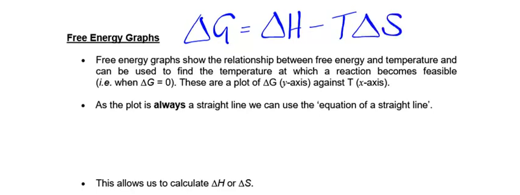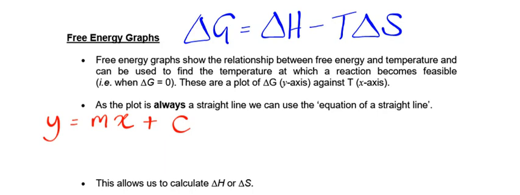Now, what we want to do is take the Gibbs free energy expression and turn it into a straight line graph. So this is back to a bit of GCSE maths, where we've got y equals mx plus c. Hopefully you remember that. Let's try and match these two expressions together.